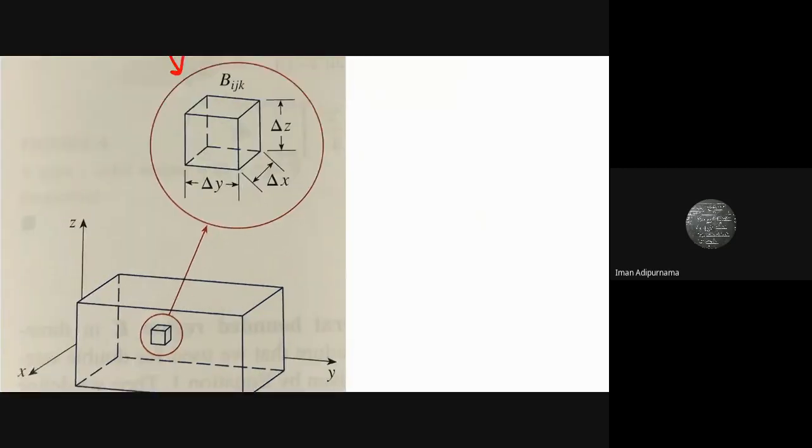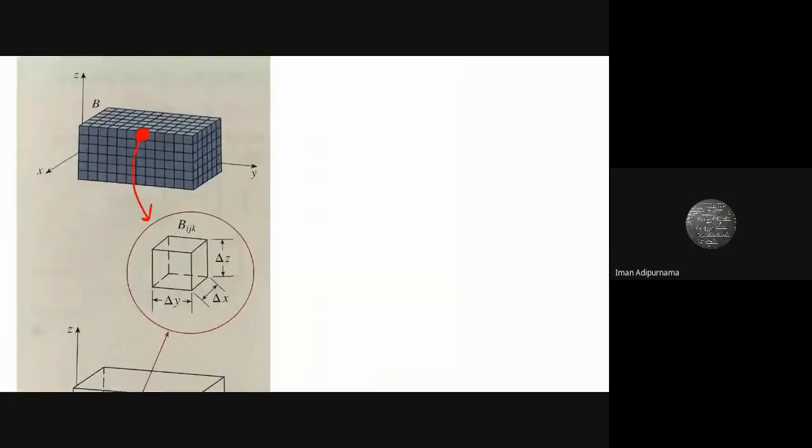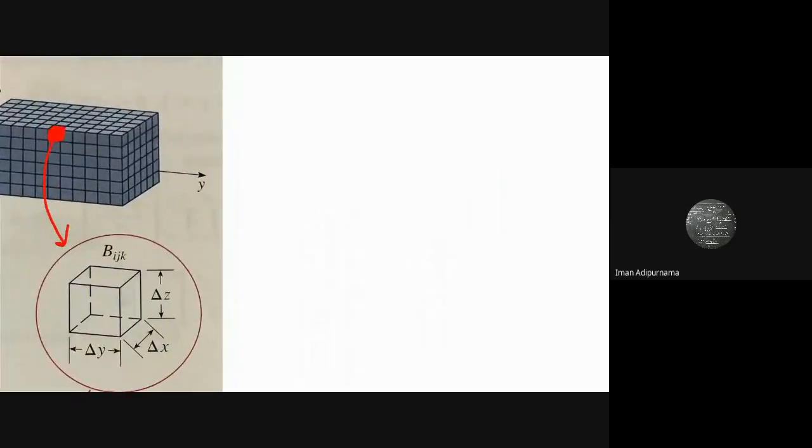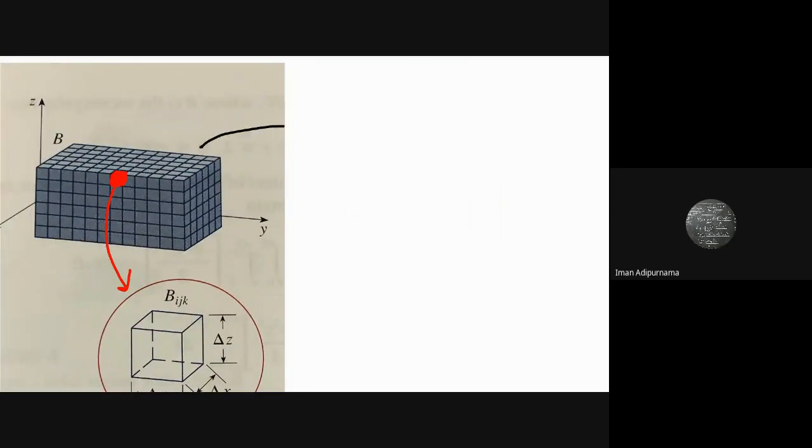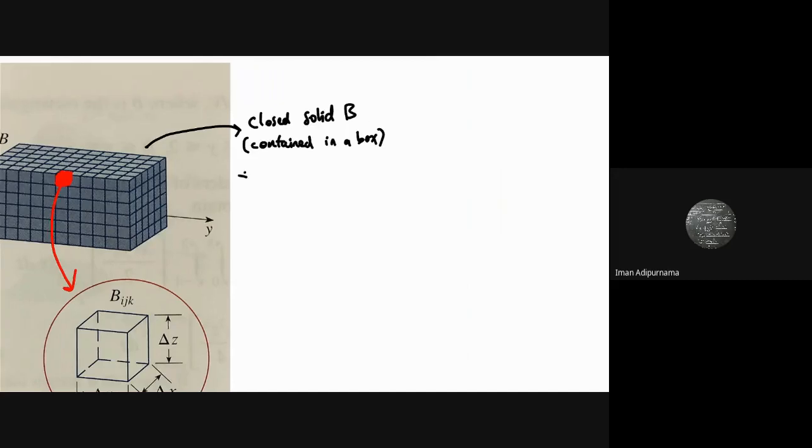Okay, but let me write what we are doing here first. So let's say we have a closed solid, let's say solid B, right? It's contained in a box. So the idea is to divide B into sub-boxes, small boxes, right?